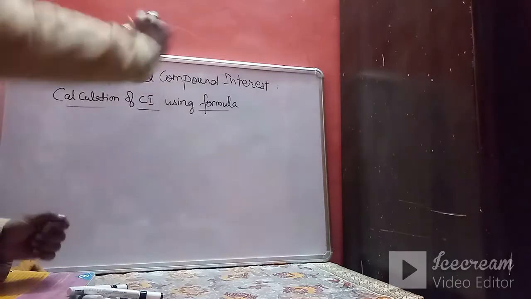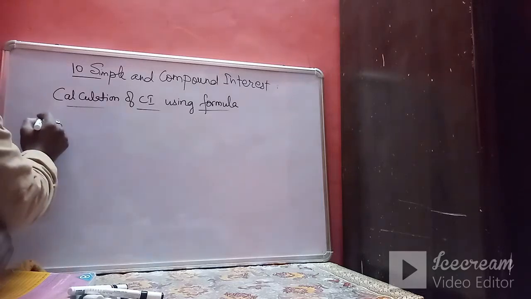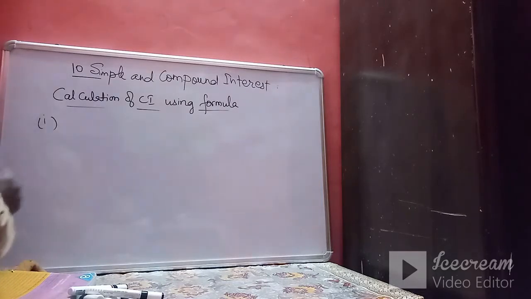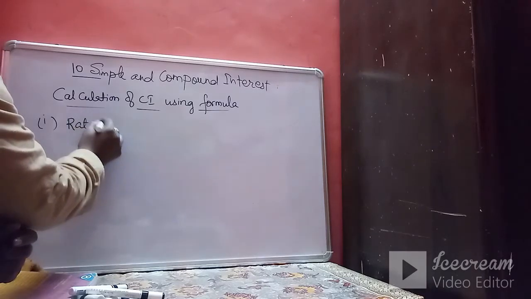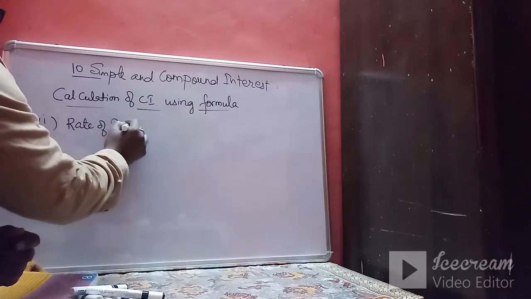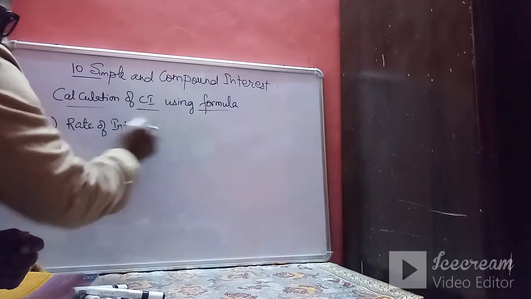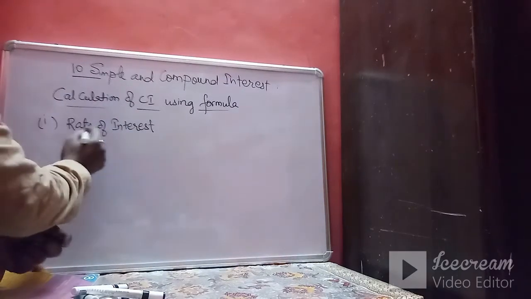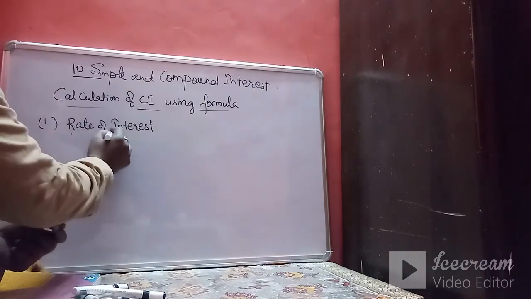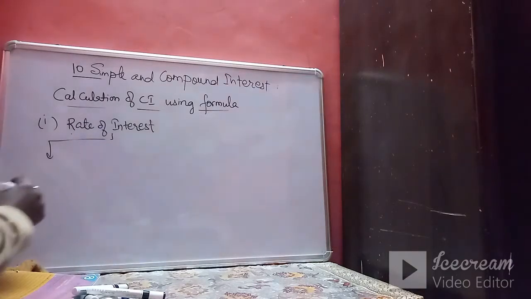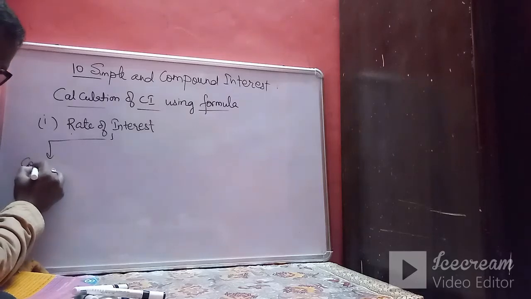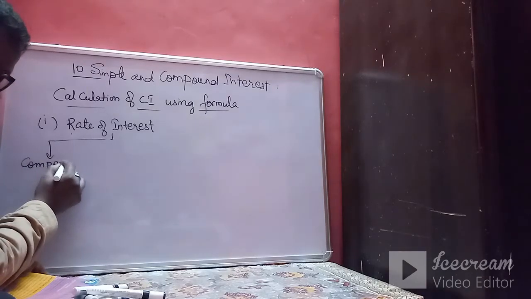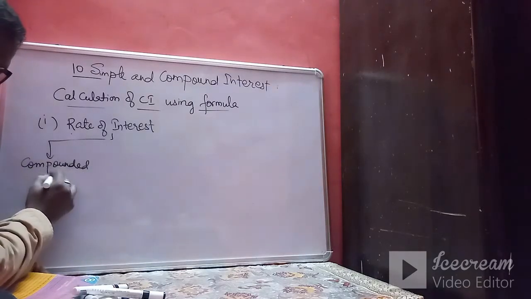So the formula that we are going to use for the first case, when the rate of interest, okay, there are three cases of this. The first one is rate of interest compounded yearly.